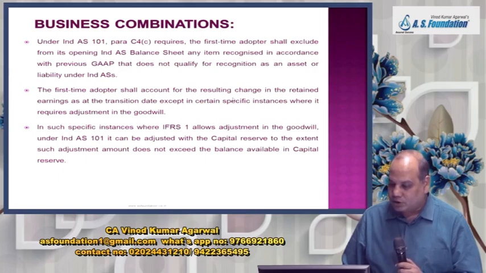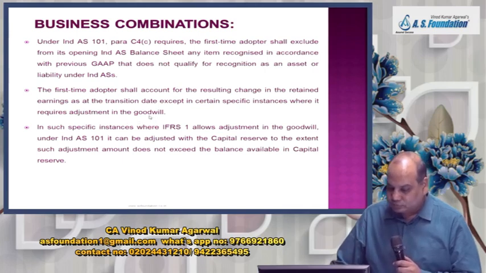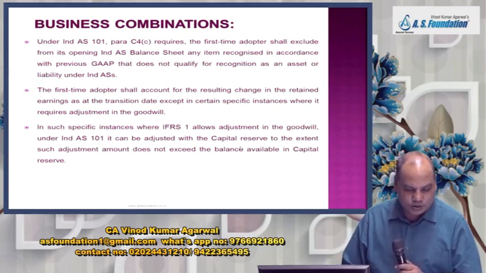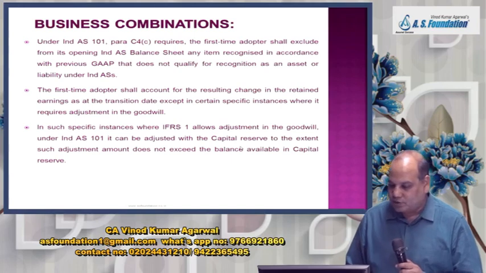The first time adopter shall account for the resulting change in the retained earning as at the transition date, except in some specific cases where it is adjusted in goodwill. Okay. So under IFRS you can adjust only against goodwill. But under Ind AS 101, you can also adjust against capital reserve. I think this was discussed earlier also. If there is a balance in capital reserve, the adjustment can be done under capital reserve also.